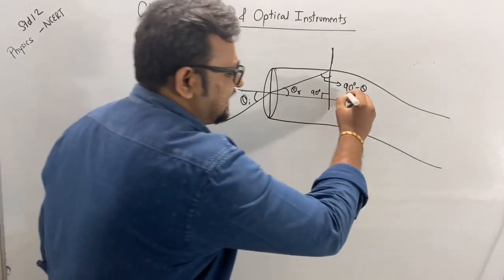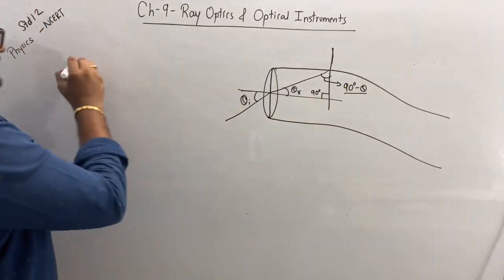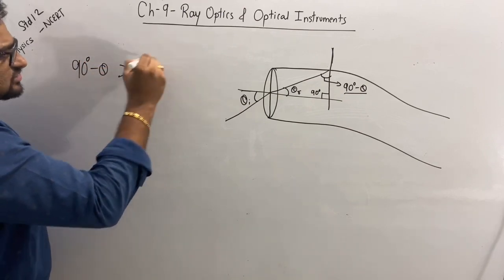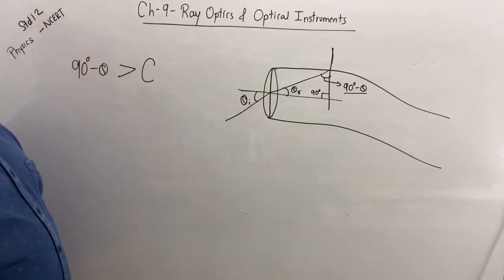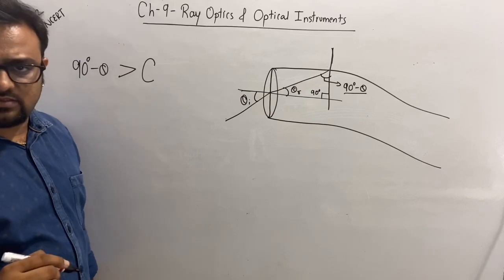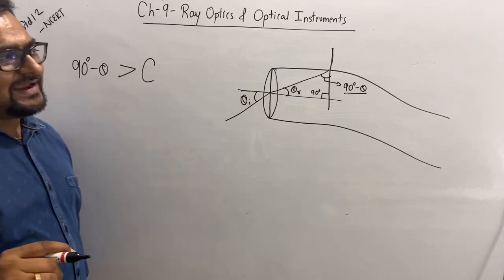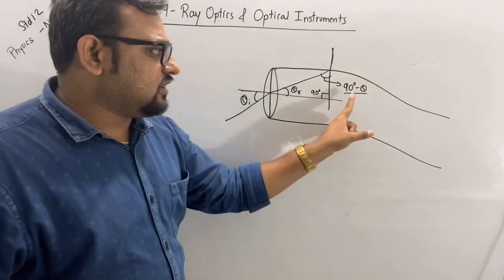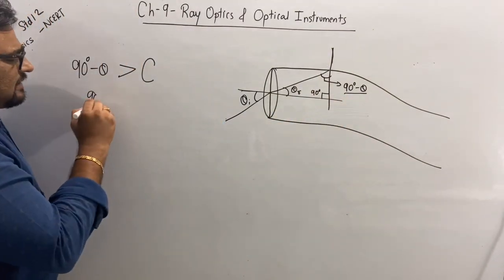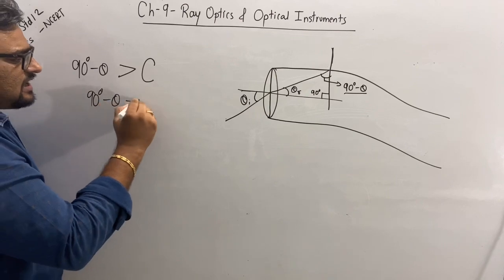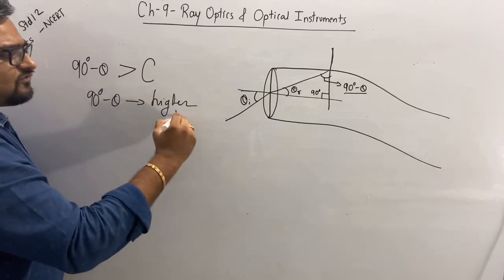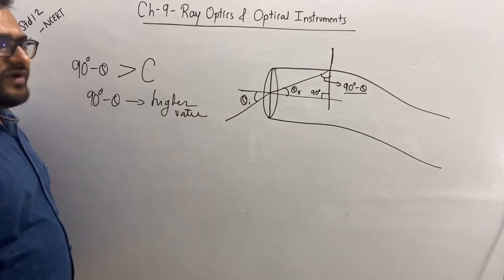So this angle, 90 degree minus theta r, must be greater than the critical angle, then only it will reflect internally. So we want 90 degree minus theta r to be higher. This must be of higher value.